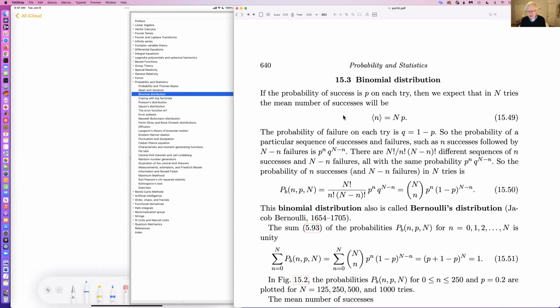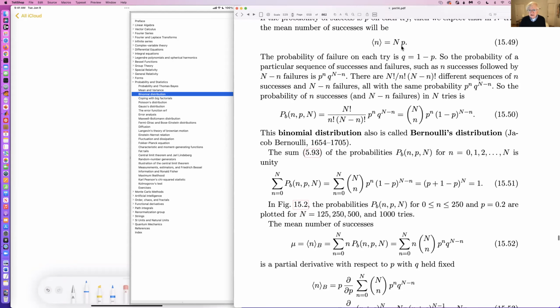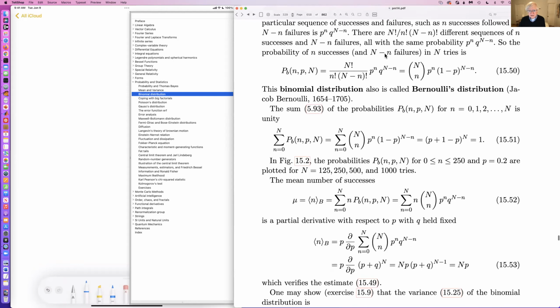The problem with the binomial distribution is that, first of all, it's discrete. It's the probability, the B is for binomial, of having n successes in capital N trials if P is the probability of success on each trial. And this is exactly given by this expression here.